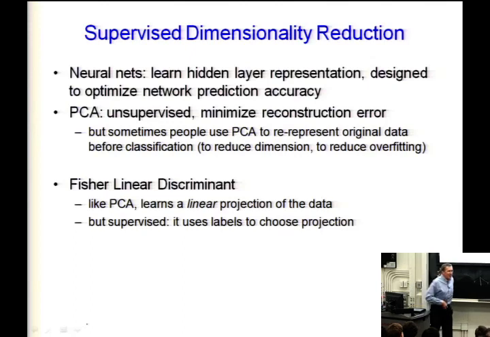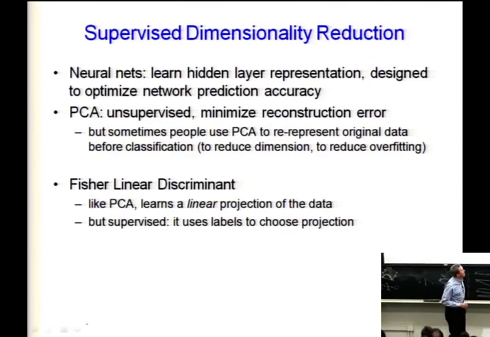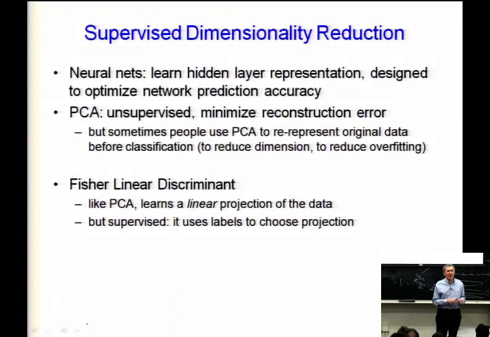So we've talked about a number of approaches to changing dimension learning representations, for example, PCA, neural networks, and so forth. And we pointed out that PCA was an example of an unsupervised approach in the sense that we're trying to learn with PCA a re-representation of the original data that will just minimize the error if we ever want to reconstruct that original data.